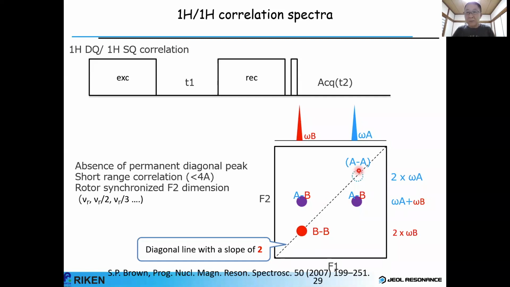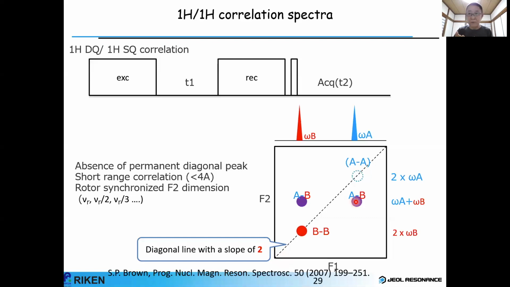Then if you don't have A-A correlation, that means A is isolated from the other A. So from the presence and absence of diagonal peaks, we can discuss the connectivity between the same kind of nuclei. And the correlation between A and B appears symmetrically about this diagonal line. From these two peaks, we can say we have correlation between A and B. So this is the double quantum single quantum correlation experiment.